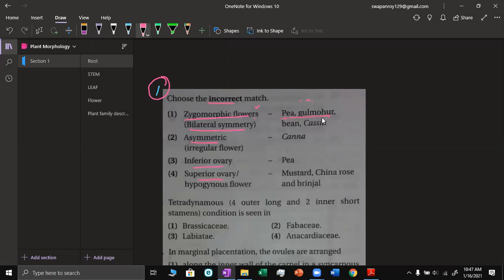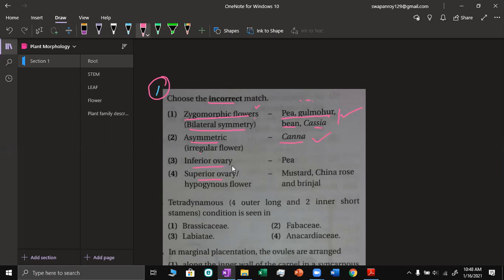In pea, Gulmohar, and Cassia, I told you the flowers are zygomorphic, right? So this is a correct matching. Asymmetric flower in Canna is also a correct matching.